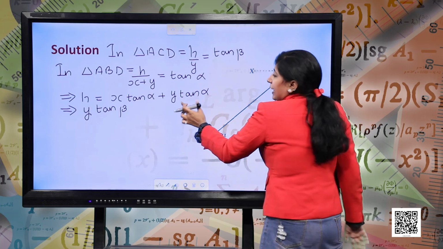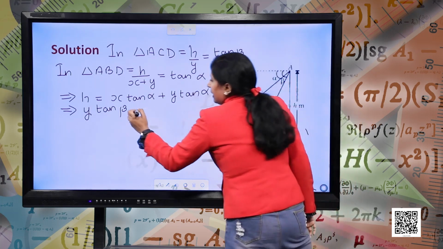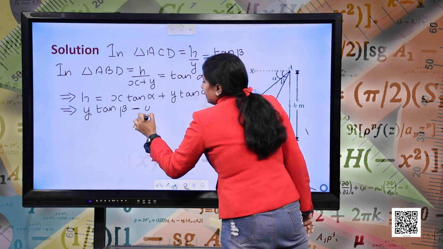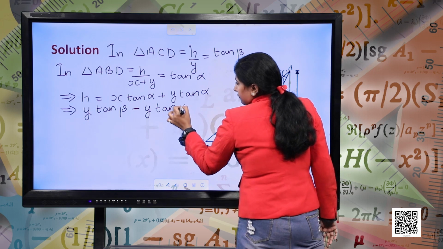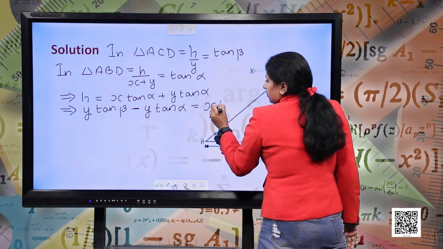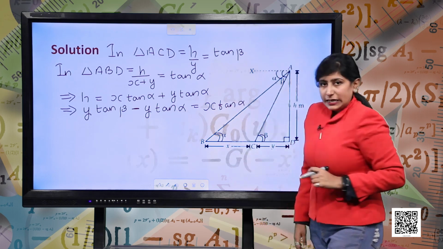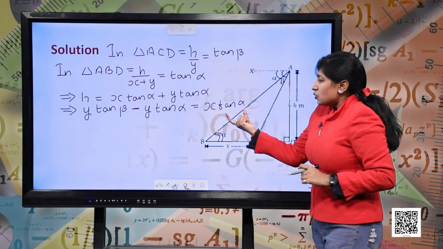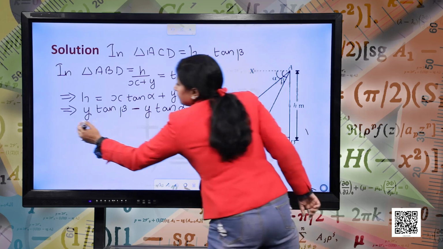But here I am taking this portion y tan alpha to the left hand side and subtracting. So I get y tan alpha. And in the right hand side we have x tan alpha. Now I need to find the value of x. So I divide the whole equation with tan alpha.